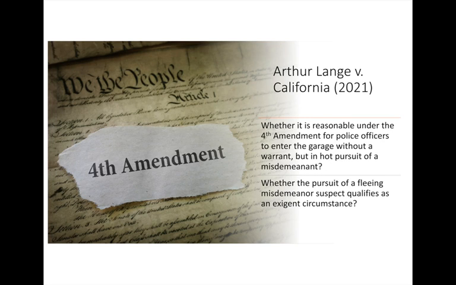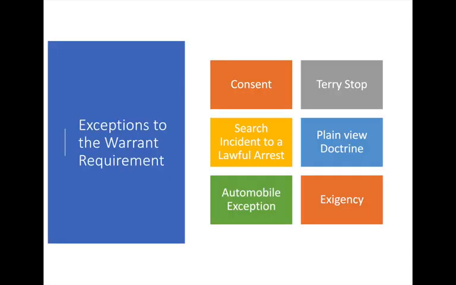And so the issue before the Supreme Court surrounding this case was whether pursuing someone who has committed a misdemeanor authorizes police officers to go into the home or to the curtilage part of the home. There are 6 major exceptions that the law allows for police officers to enter your home or do certain things to individuals without having a warrant.